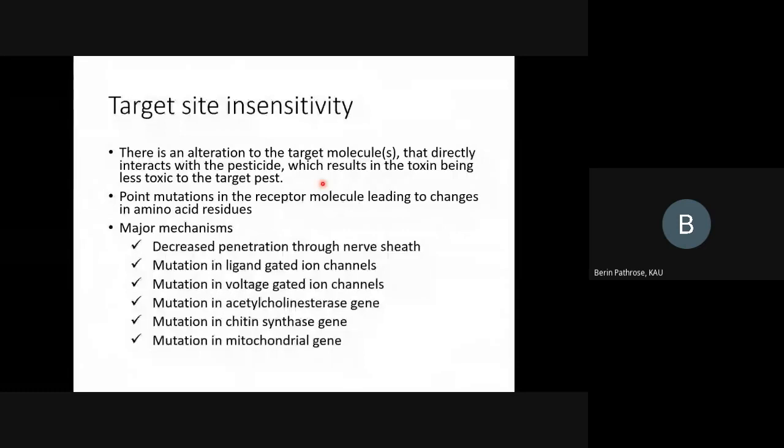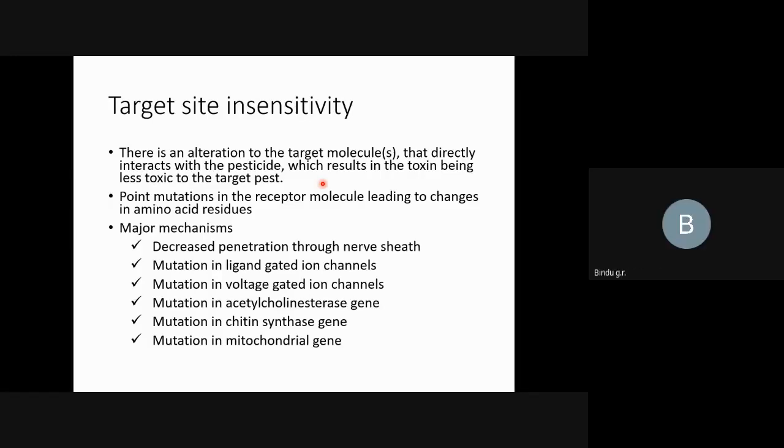Actually, target site insensitivity is as important as this increased detoxification. So what will happen is that the target site will become insensitive to the insecticide. So I'll ask you a question: which is the target site for neonicotinoid? Acetylcholine.